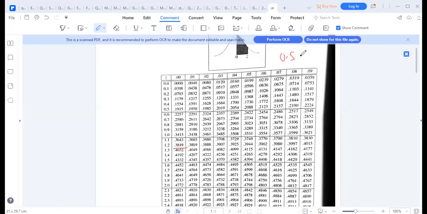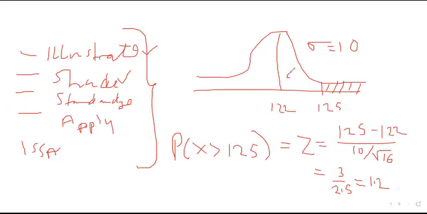Whenever we're dealing with the 0.5 table and the reading is smaller than 50, we subtract from 0.5. So what was the reading again? 1.2, 0.3849. So 0.3849 simply means our reading is from here to here.